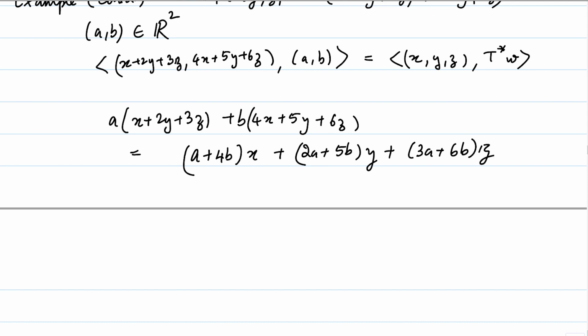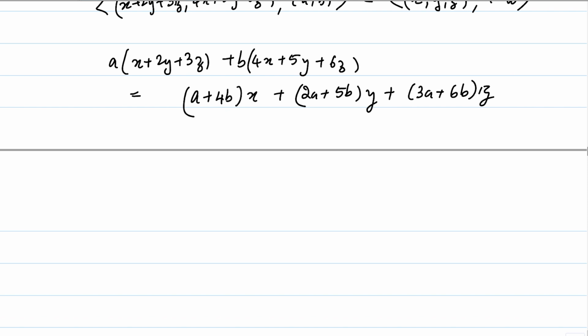But because it is in R3 and the standard inner product of R3 is quite familiar for us, we know that this is the inner product of the vector (x, y, z) and (a plus 4b, 2a plus 5b, 3a plus 6b).